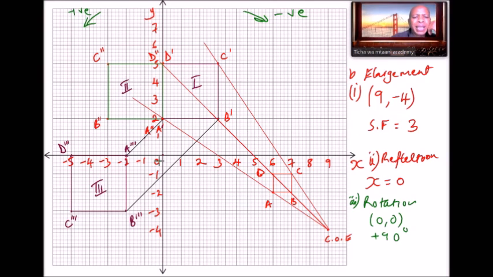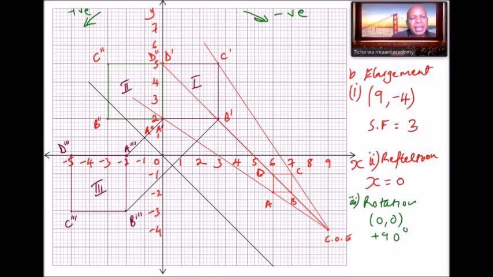So we can say you can get the third image, ABCD triple prime, from the first image by reflecting this image through the line passing here. You can draw that line at the middle. This is the line.